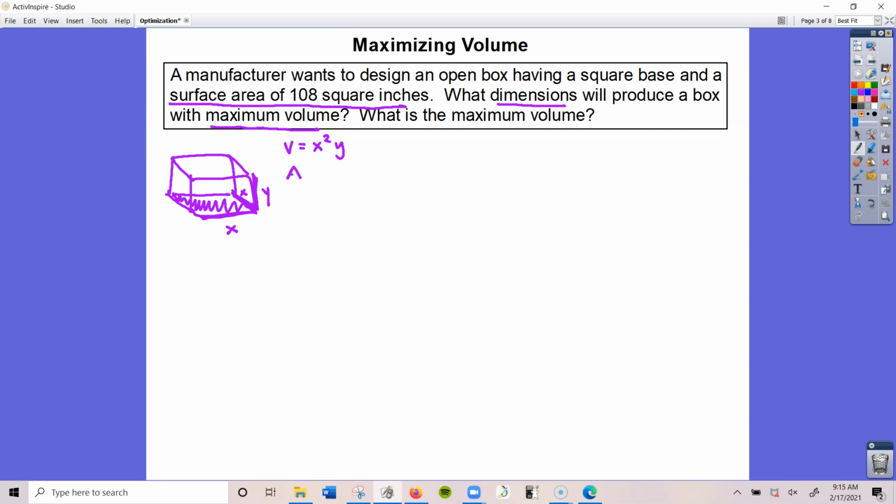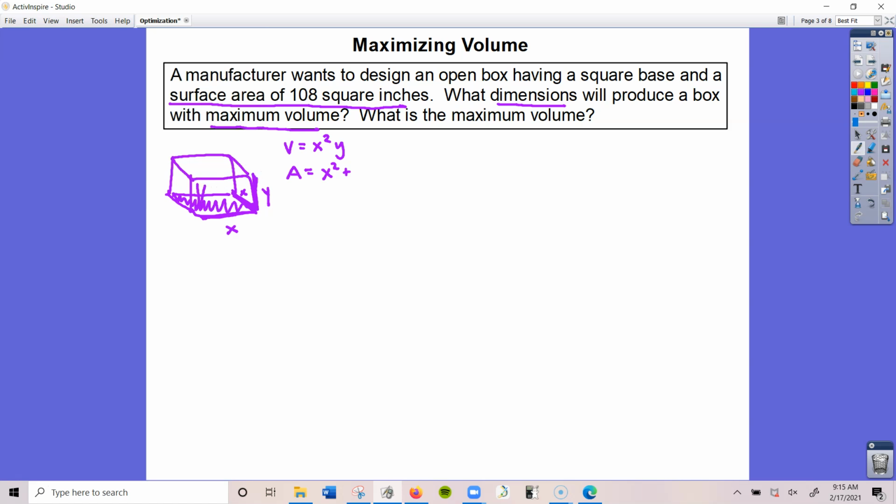Now the surface area of any figure is when you get the area of all of the sides and you add it together. So since this is a square base, remember the area of all of these sides is just length times width, since every side here is either a square or a rectangle. Now the base is a square, so that means that the area is x times x, so x squared. Plus, all of these sides here are rectangles, which have a base of x and a height of y.